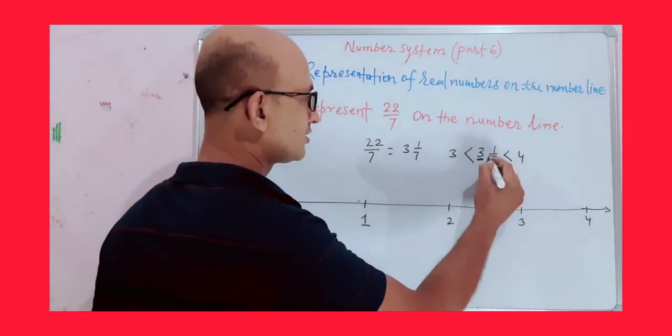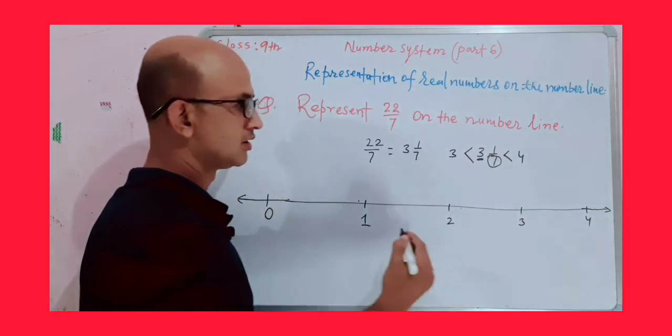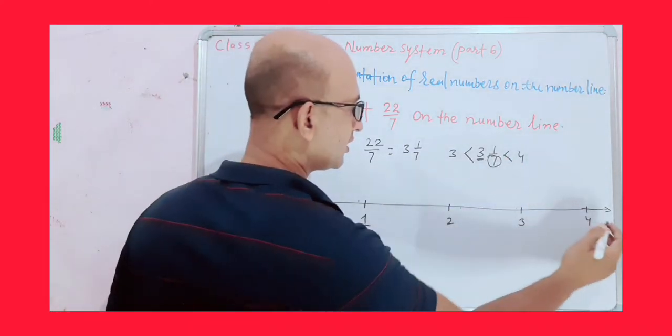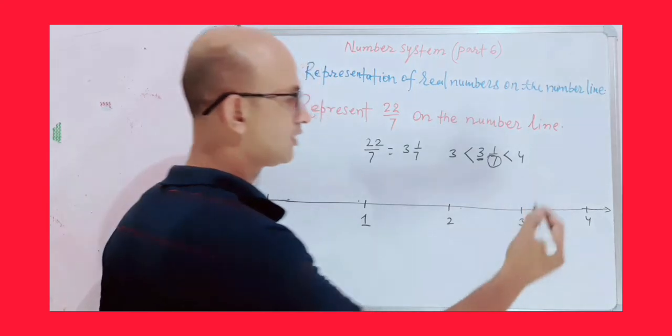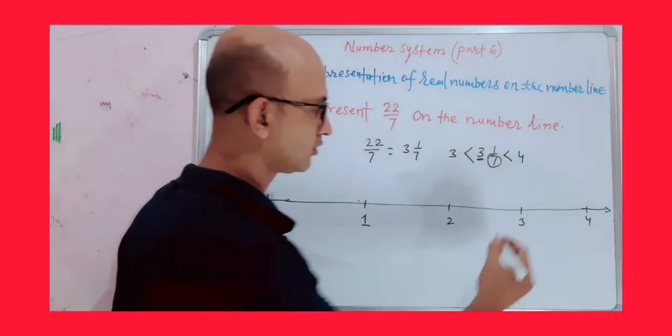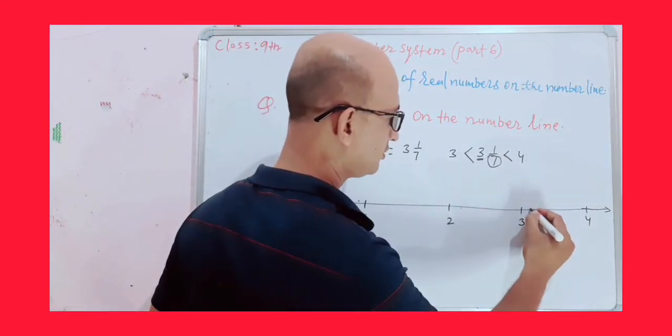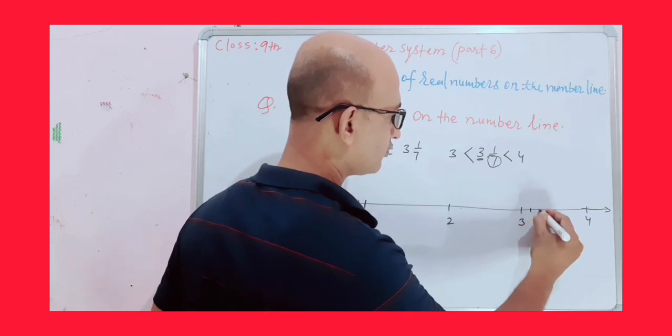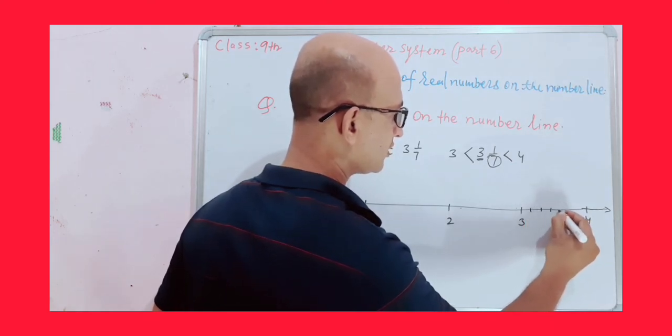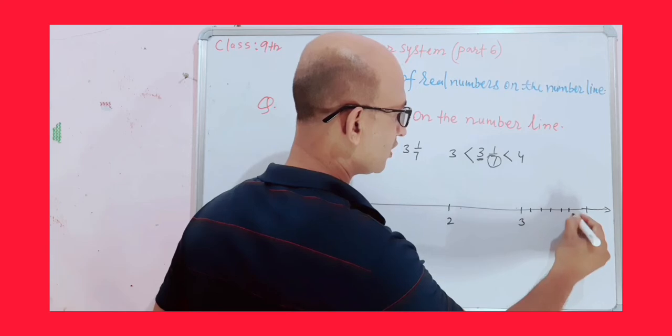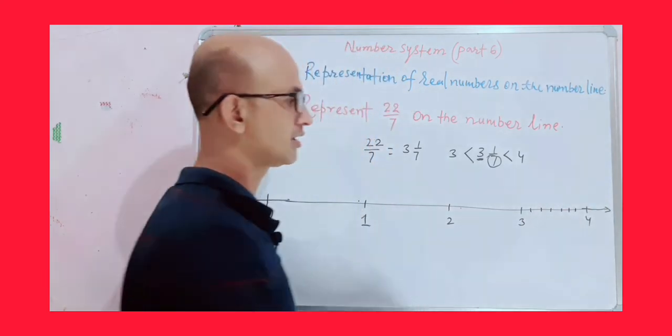Since its denominator is 7, therefore this length between 3 and 4 will be divided into 7 equal parts. Let us divide it into 7 equal parts. 1, 2, 3, 4, 5, 6 and 7.